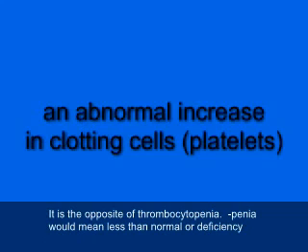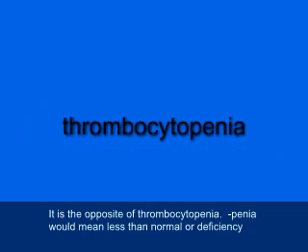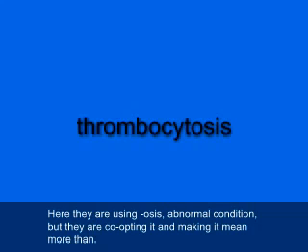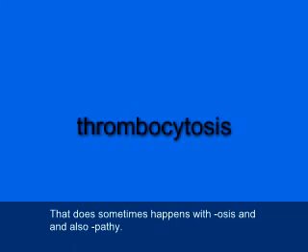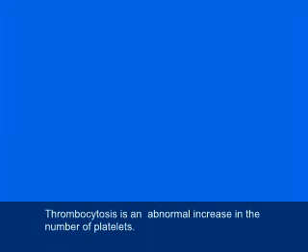It is the opposite of thrombocytopenia. Penia would mean less than normal or deficiency. Here they're using osis, abnormal condition, but they're co-opting it and making it mean more than. And that does sometimes happen with osis and also pathy. So that's why I'm presenting this to you, because this is a term that doesn't strictly follow the rules. Okay?